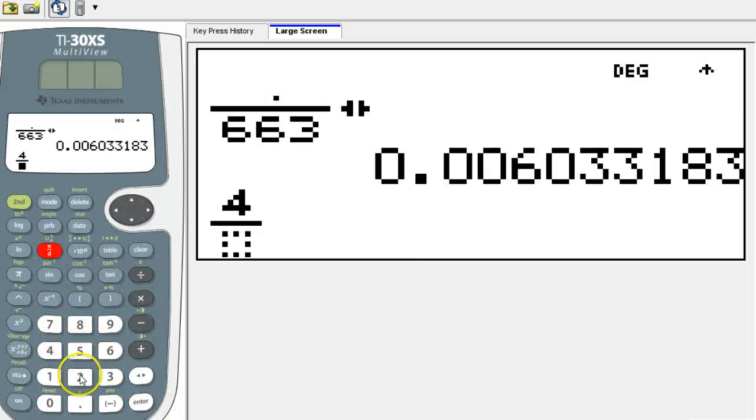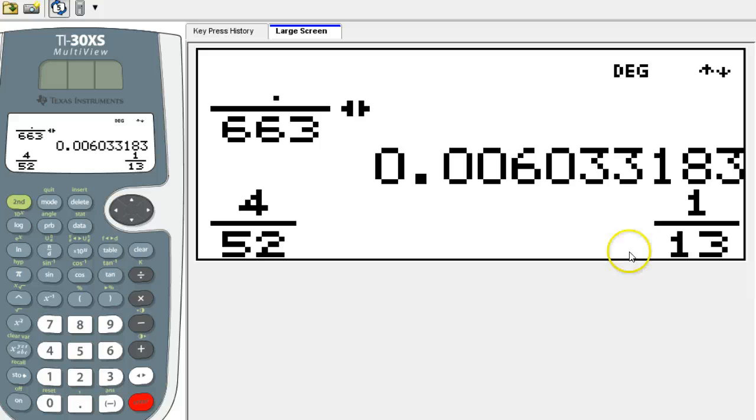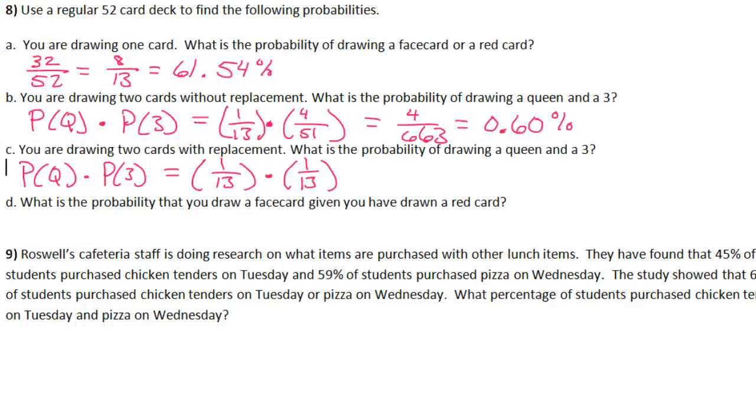And once again, 4 out of 52 reduces down to 1/13. So this time it'll be 1/13 times 1/13. So that's going to be 1 out of 169.